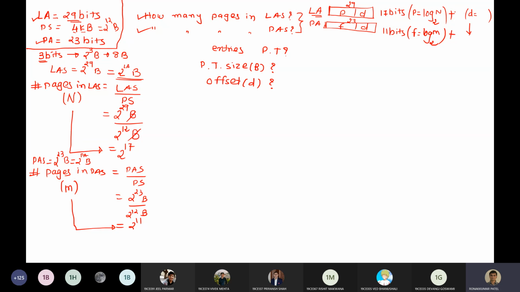It's 12 bits, right? 4 कब चाहिए? जब पेज साइज 16 byte. When it's 16 bytes, मतलब एक पेज में 16 बाइट है, तो 4 बिट से हर एक को मैं अलग अलग एड्रेस दे सकता हूँ. बट हियर वी हैव 2 raised to 12 बाइट्स, सो यहाँ पे 12 बिट्स.